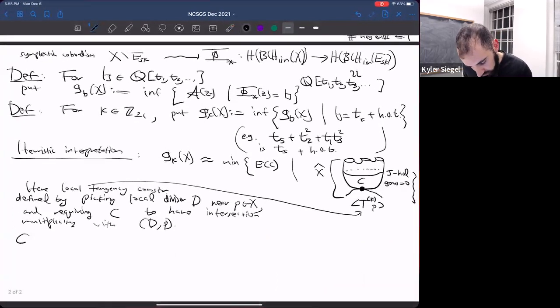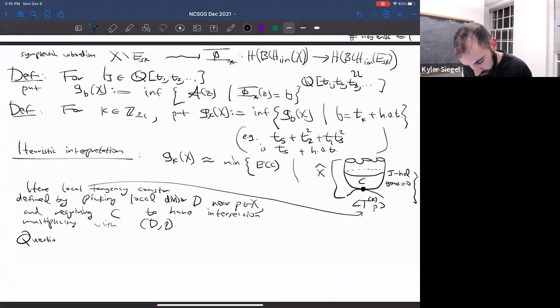But in particular, let me formulate two specific questions, just to set the goals for the rest of the talk. The first question that I think is natural to wonder is: do we really need full SFT functoriality to define this capacity?